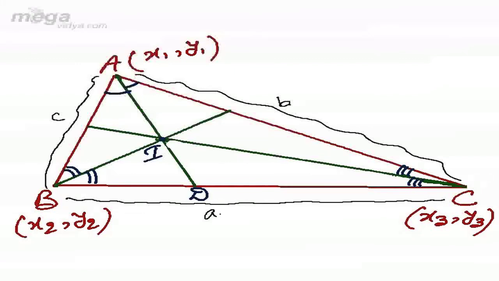So we will find the coordinate of D. In the same way, we will find the coordinate of this E. Once you get the coordinates of D and E, you can find the equation of BE and the equation of AD, and after solving those two equations, you will get the coordinate of the incenter.